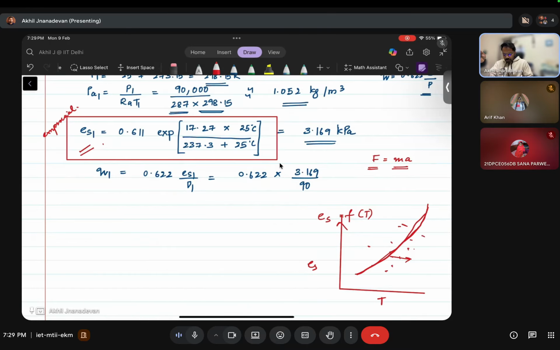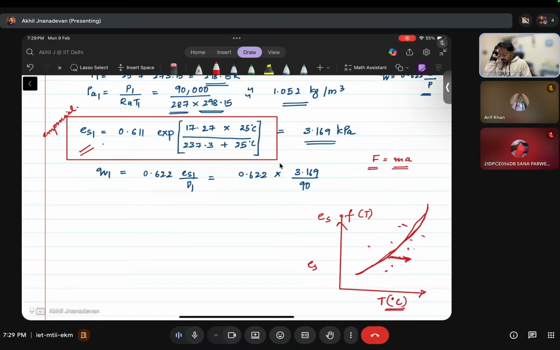Whatever equation he derived depends upon what unit of temperature he used. While deriving this equation, he used degree Celsius.